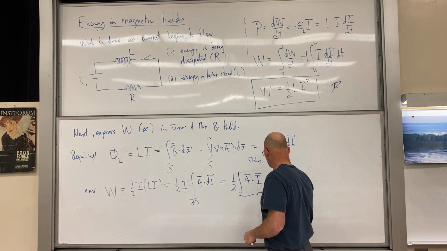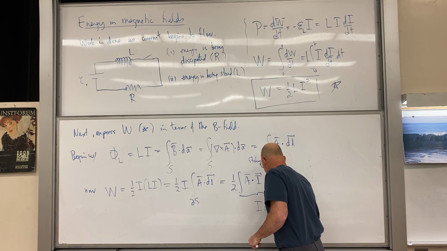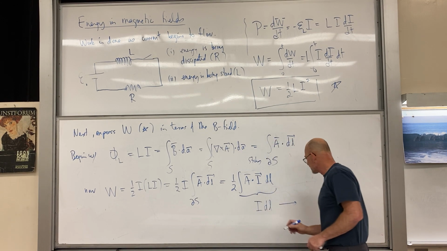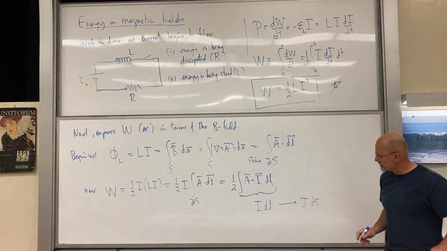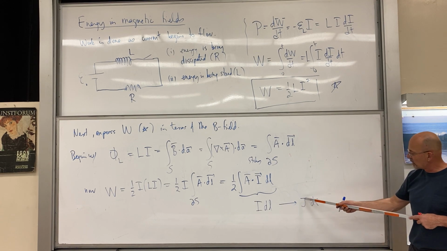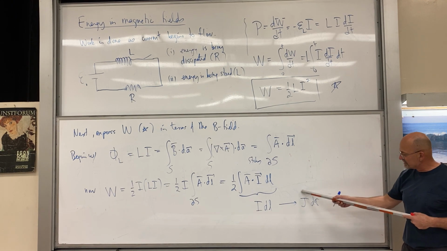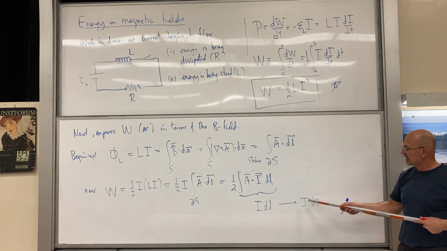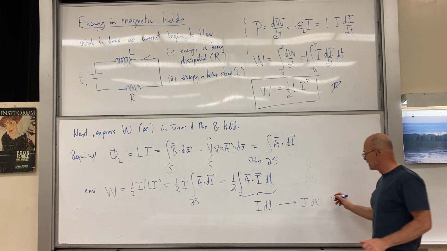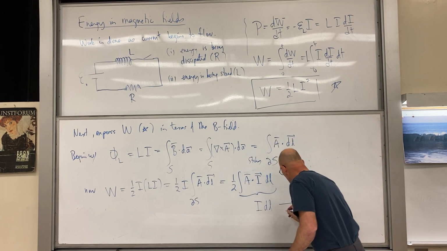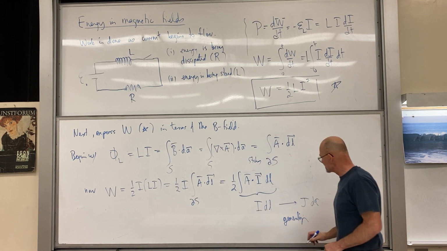So I'll go ahead and write it this way. I dl is going to generalize to J d volume. Okay, because we have a current times a length. Here we'd have a current divided by an area times a volume, so that is dimensionally also a current times a length. So we're going to turn this integral into a volume integral. So just right here, generalizing.